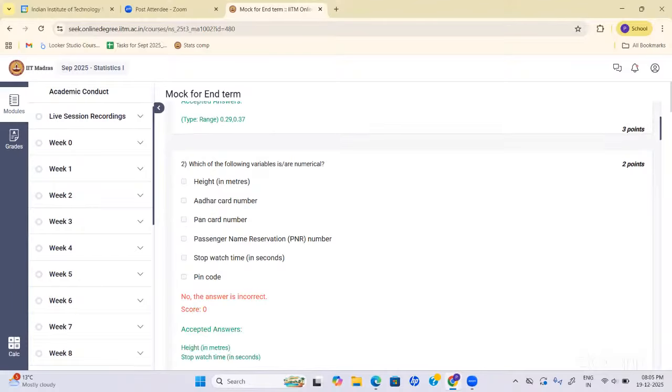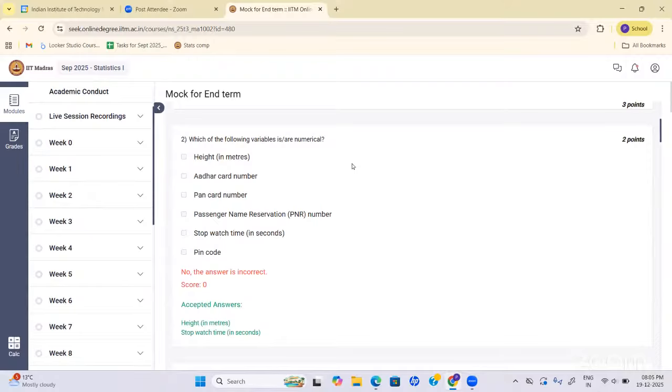Is this clear to everyone? Which order do they follow as a categorical variable? Aadhaar card number, ordinal or nominal? It will be nominal, because we cannot compare the Aadhaar card numbers. You cannot say that this Aadhaar card number is greater than the other one.